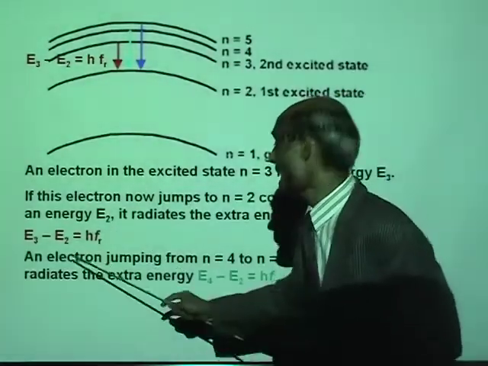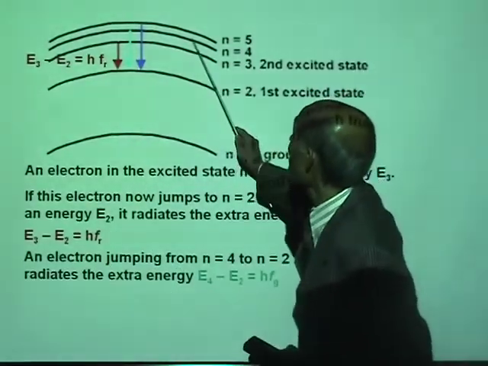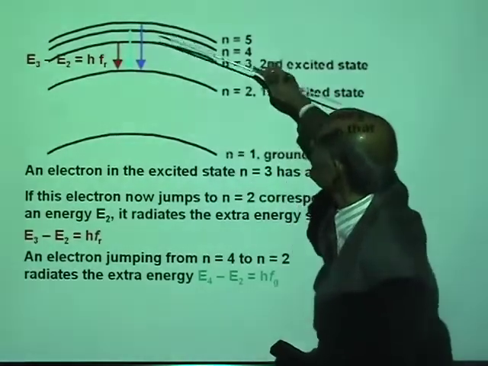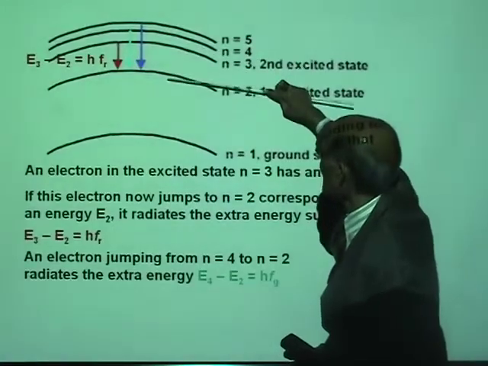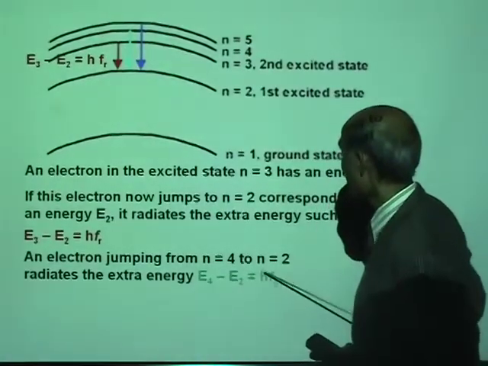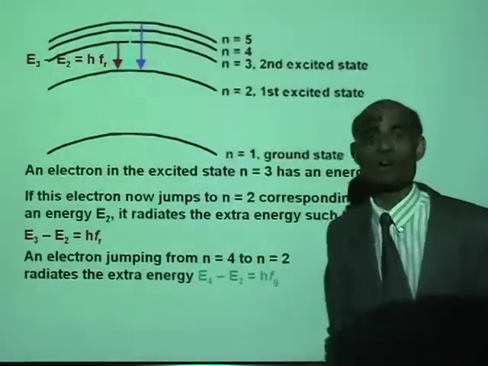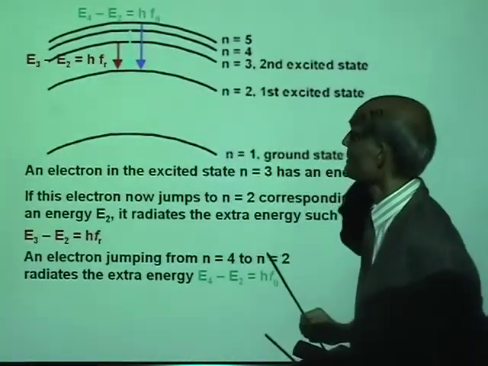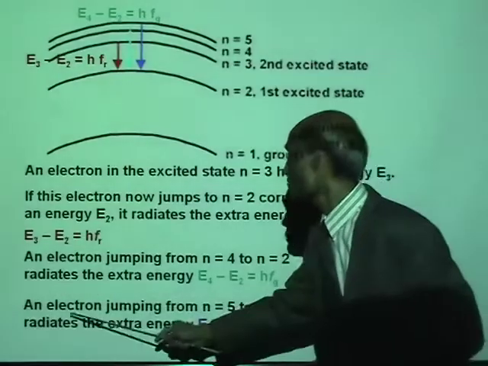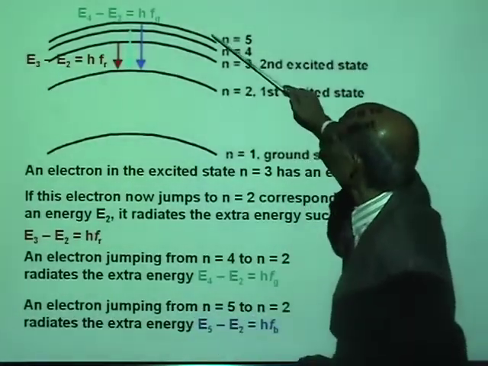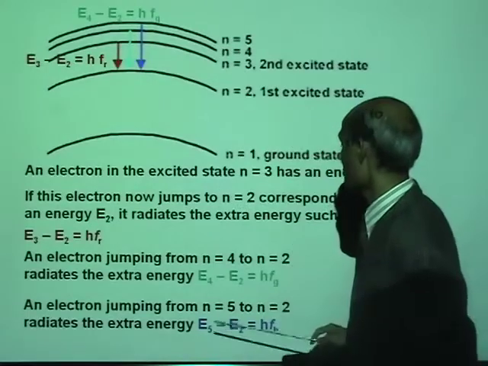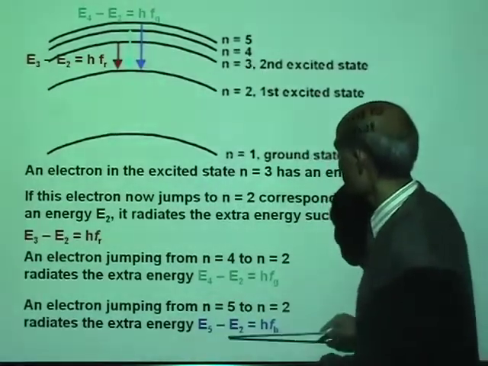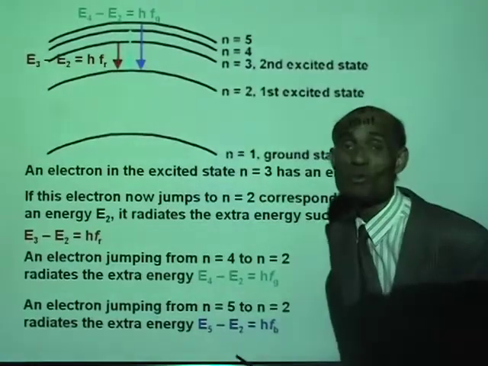In the same way, an electron jumping from n equal to 4 to n equal to 2 will emit the energy E4 minus E2. And that is a green photon. So there you have a green photon. An electron jumping from n equal to 5 to n equal to 2 emits the energy difference E5 minus E2, and that is a blue photon.